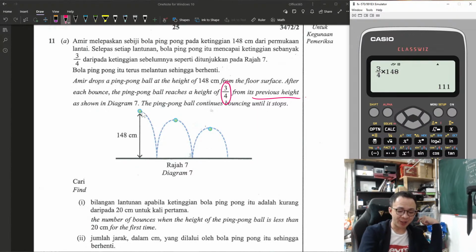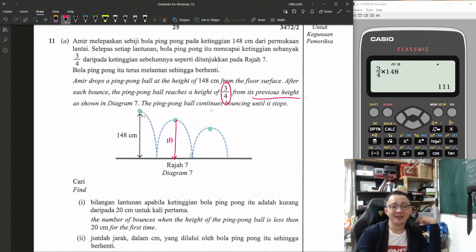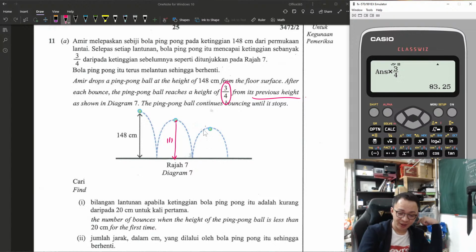So basically, when he dropped the ping pong ball and it bounced back, it's 111 only. It doesn't bounce back to 148. The height here is 111. Then it dropped again, so the next one is basically 111 times 3 over 4, so this bounce is about 83.25.